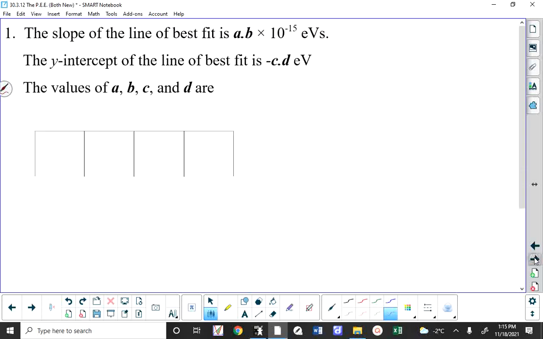So I need to take for my slope 1.1 eV over 3.5 times 10 to the 14 hertz. Since a hertz is a per second, that's going to turn into electron volts times seconds.